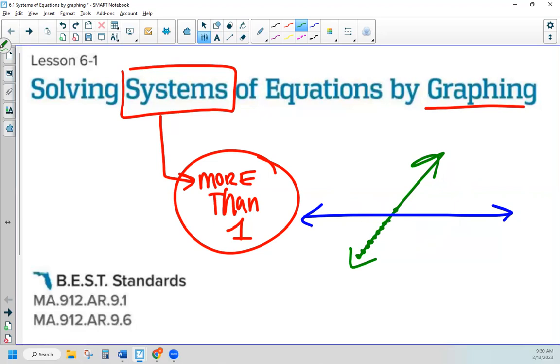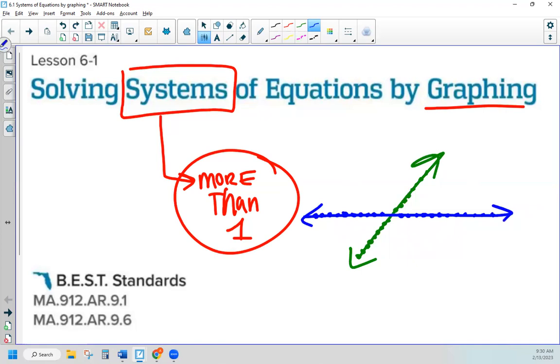I will keep reminding you guys of that because this line extends forever. So all these points that make up this green line are the solutions to only that green line. Did you guys hear me? I said only that green line. The solutions for the blue line are the points that only make up that blue line. So if the point is on the blue line, it's only the solution for the blue line.